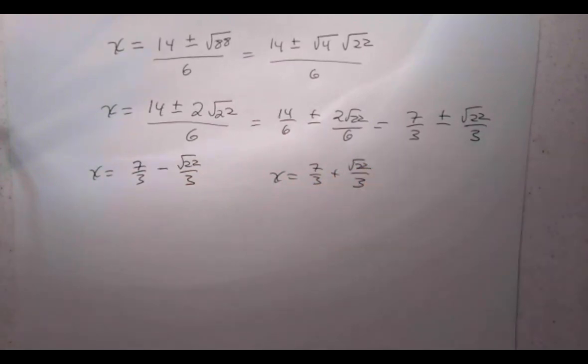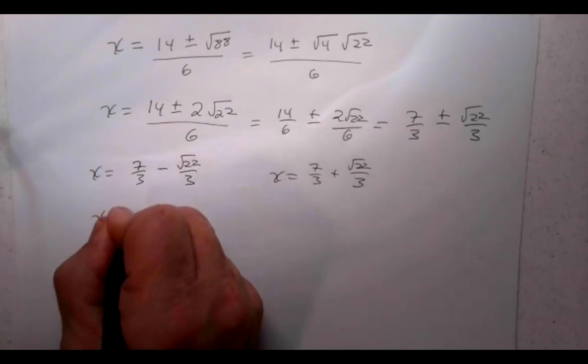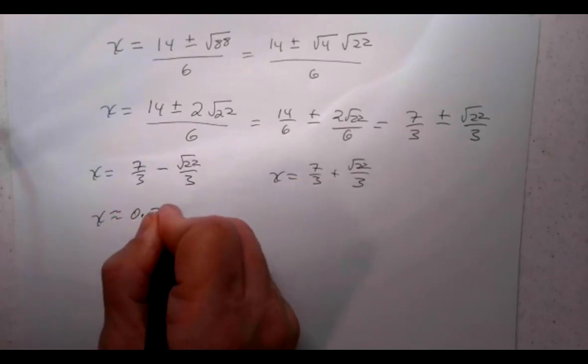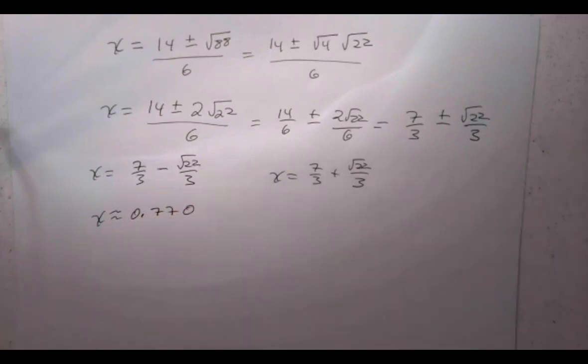Let's get decimal approximations, then I'll write them in point form. 7/3 minus the square root of 22 divided by 3 gives me approximately 0.770, and on the other one we have 7/3 plus root 22 over 3. I get 3.897.